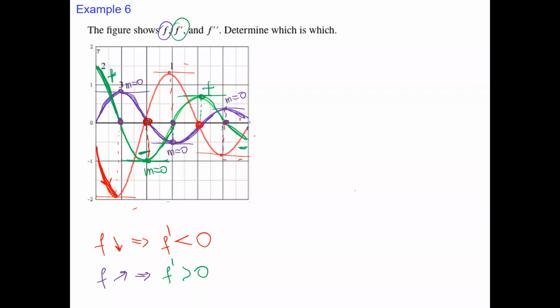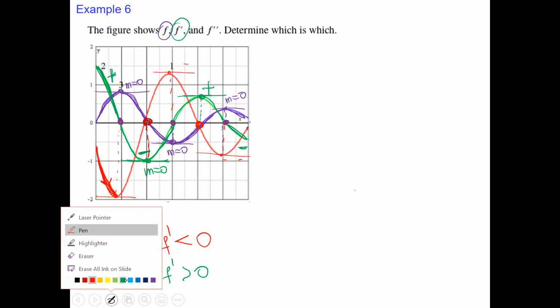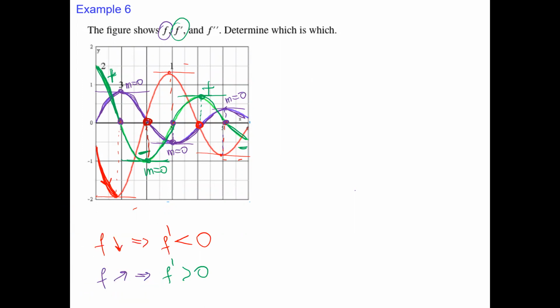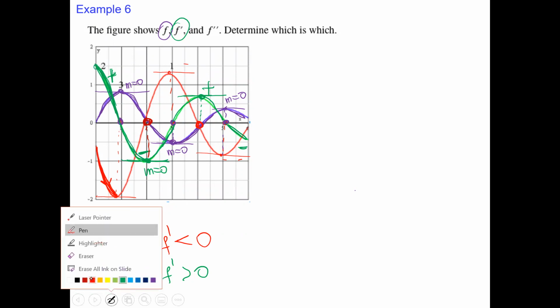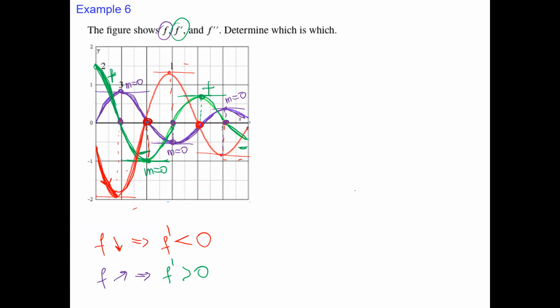And then we don't know what's going on here. Let's just check increasing, decreasing. My green function is decreasing from here to here, and the red curve is below the x-axis, negative, and it's also negative on that interval where my green function is decreasing.